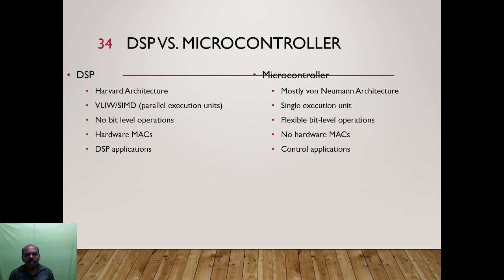In DSP, we use it for lots of digital applications. In microcontroller, mostly von Neumann architecture is used. In microcontroller, single execution unit. In microcontroller, flexible bit level operations. In microcontroller, no hardware MAC. In microcontroller, control applications.